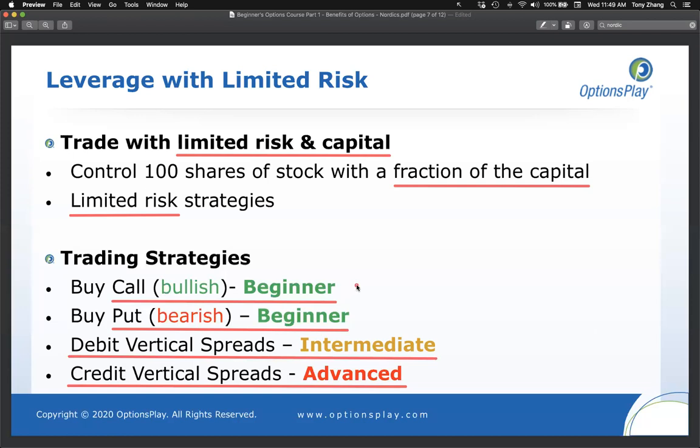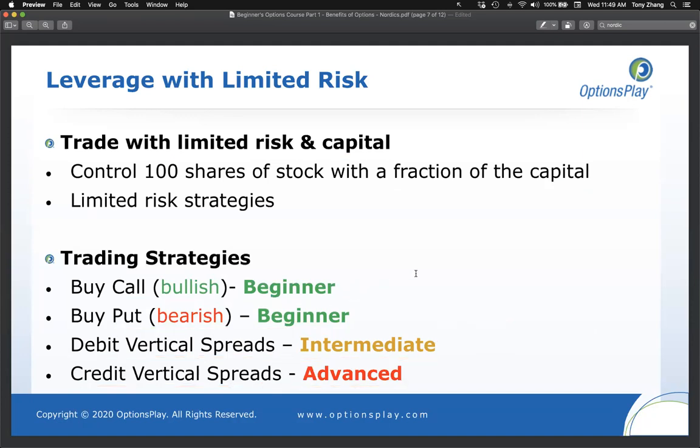So today we're going to cover the basics of buying a call, selling a call, buying a put, and selling a put. And in future sessions we'll learn how those four strategies can be enhanced even further by using vertical spreads. But that's for a later date, once we get through the beginner stuff first.